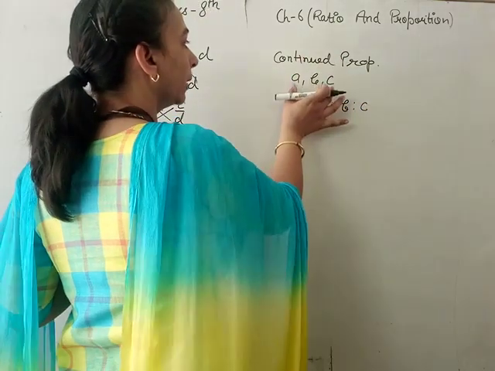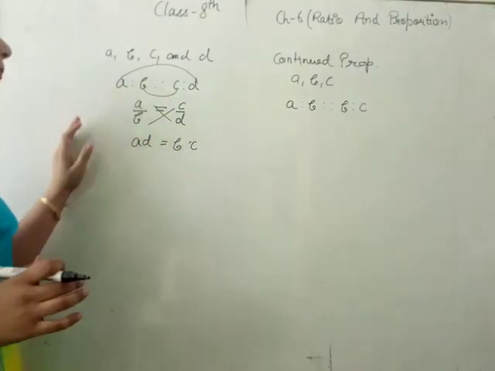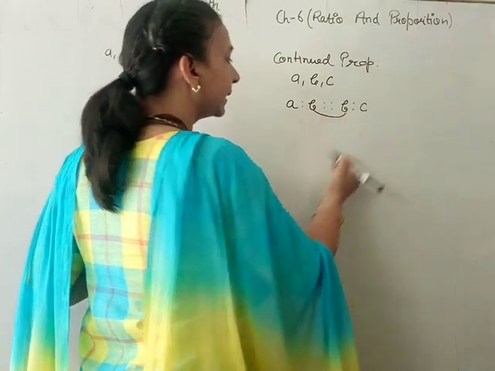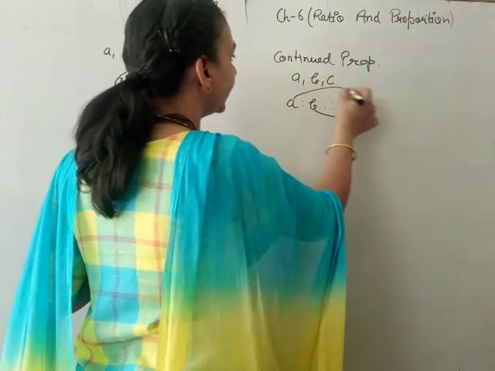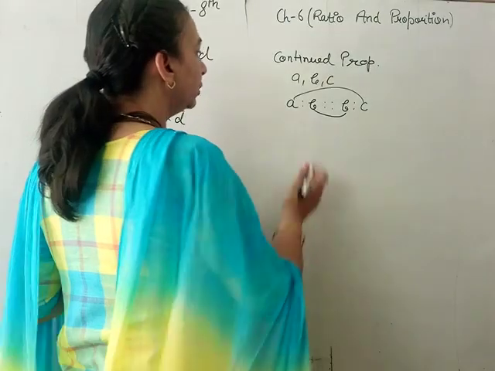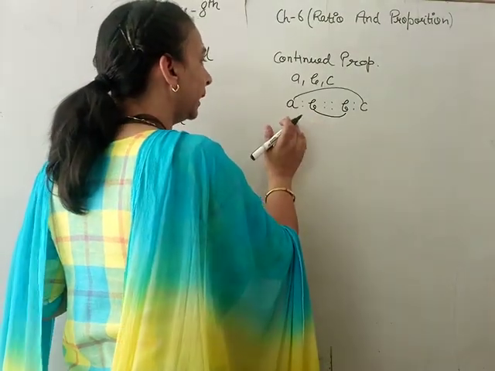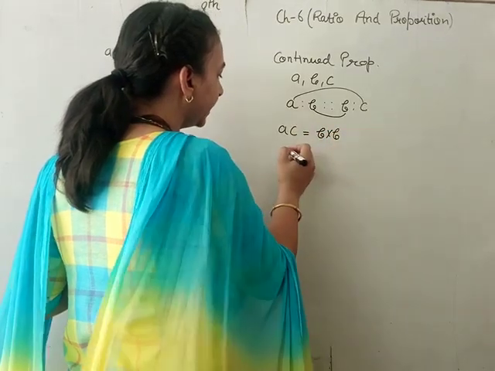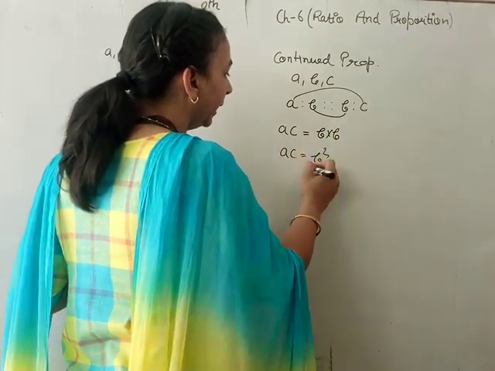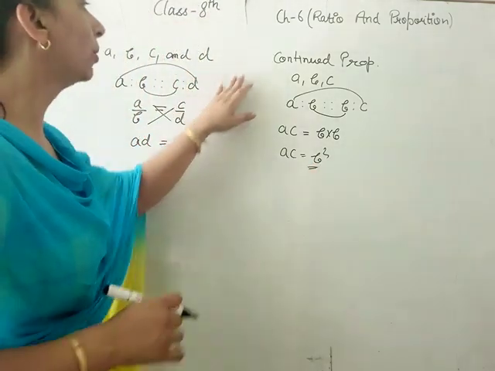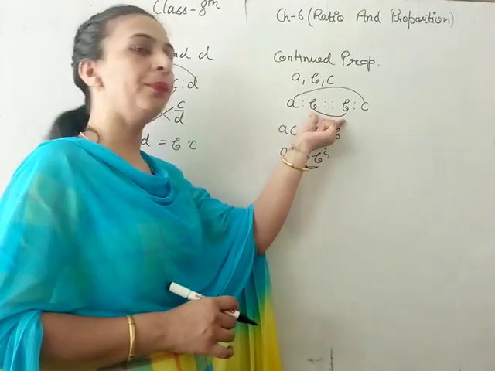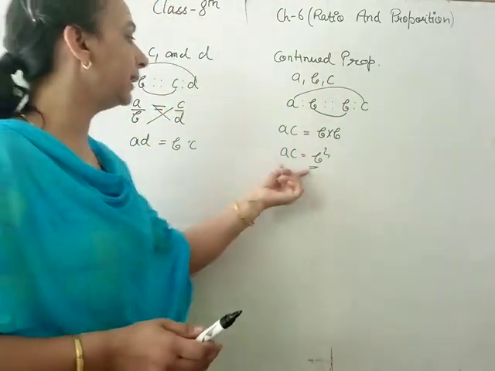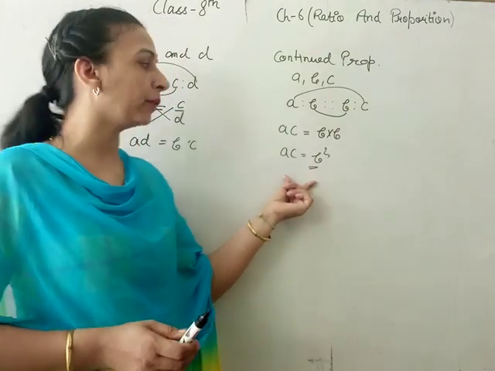In continued proportion we take only three quantities, but in simple proportion we take four. B is the mean term, and A and C are extremes. We know that the product of extremes equals the product of means, so AC equals B square. We use this result directly in continued proportion, square of mean equals product of extremes, for solving questions in our exercise.